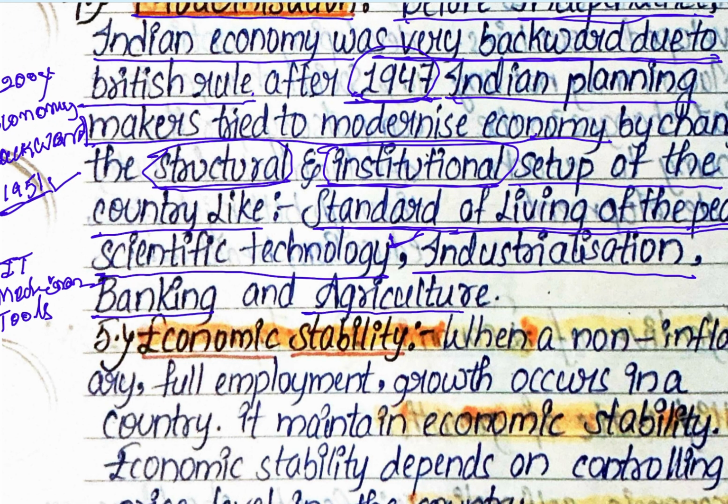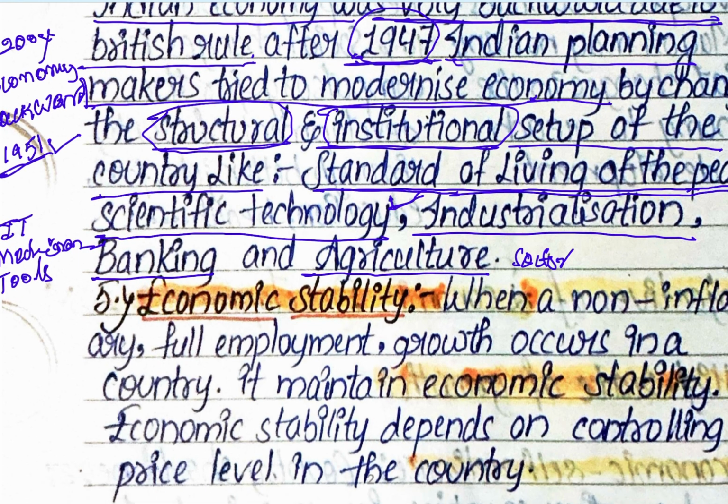There is good development of agriculture also. So these are the main things to set up the country: the standard of living of the people, scientific technology, industrialization, banking, and the agriculture sector also developed in our country. This is also one important objective of modernization.